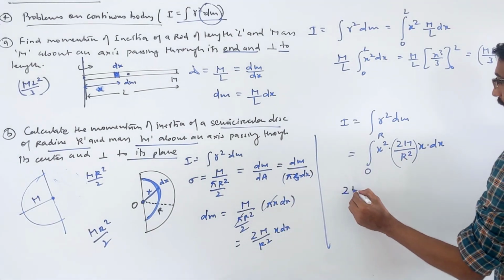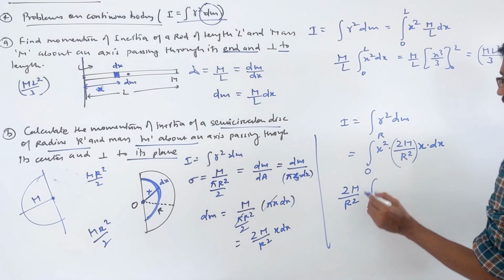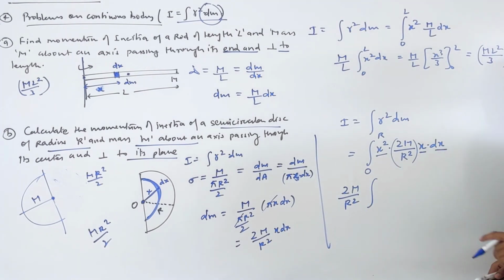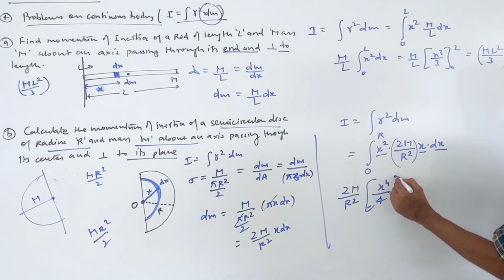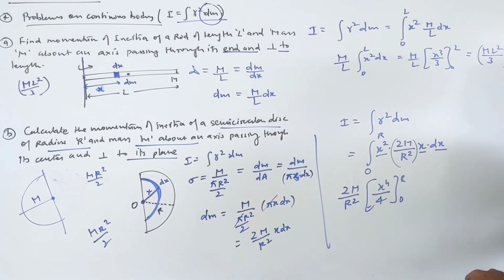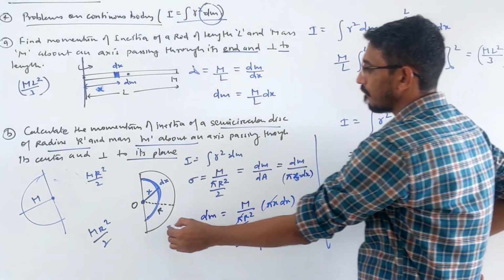So 2m by r square is outside, and what remains is x square into x dx, which becomes x cube dx. The integration of x cube becomes x power 4 by 4, from 0 to r. When you put 0, everything is 0, and when you put r, the r square gets cancelled, giving mr square by 2. That's the answer you are getting here.